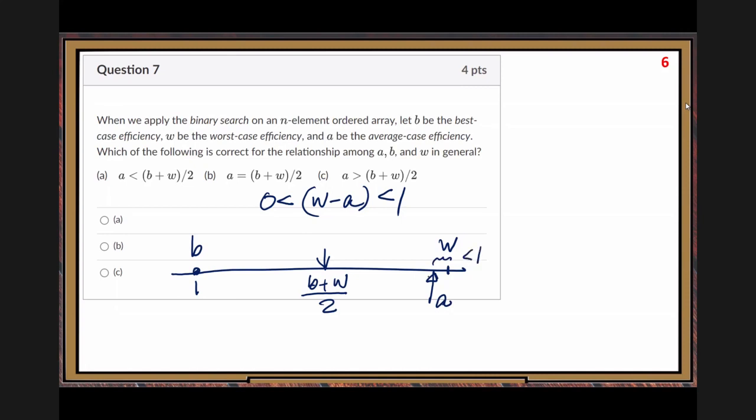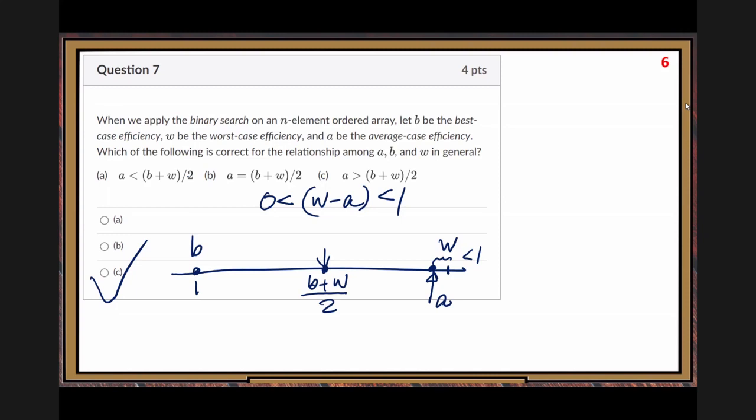Now you compare this point and the midpoint, which one is larger? From the diagram, you can see which one is larger. So C is correct.